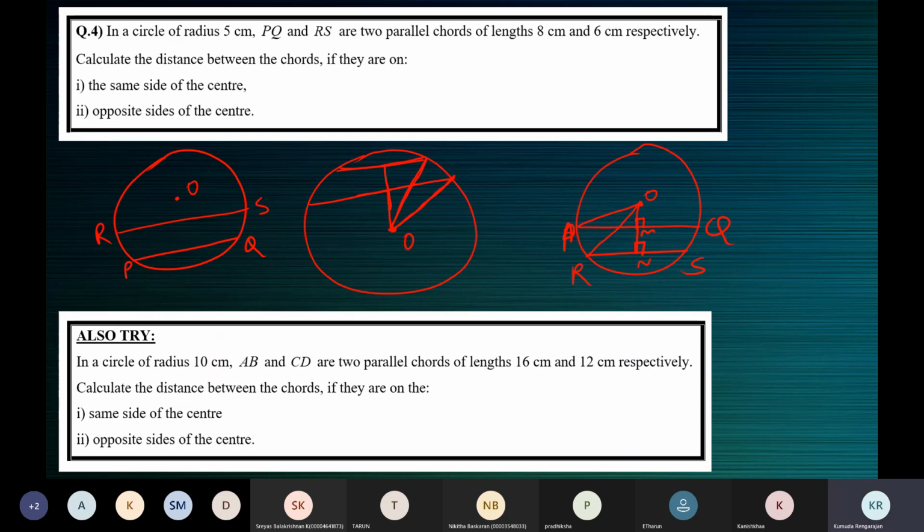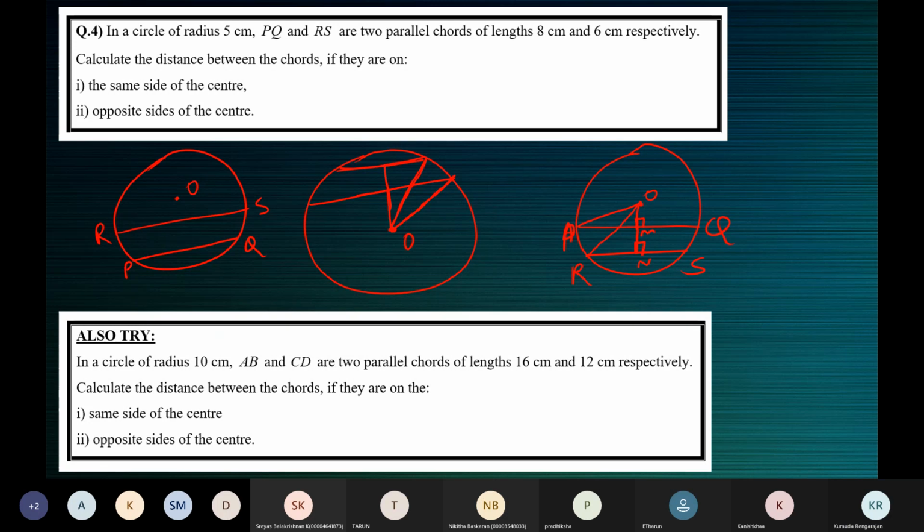All of you don't have to unmute and say, but please repeat this after me. OM is the perpendicular distance of the chord PQ from the center. Don't unmute. Repeat along with me.